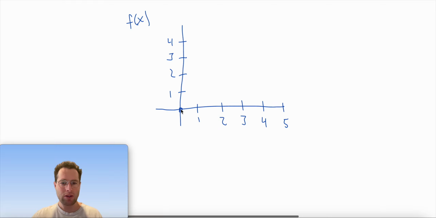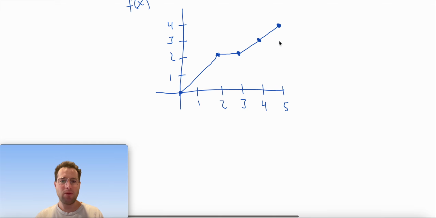Let's say the graph starts here, goes up to (2, 2), over to (3, 2), and then (4, 3) right here, and (5, 4). Something like that.